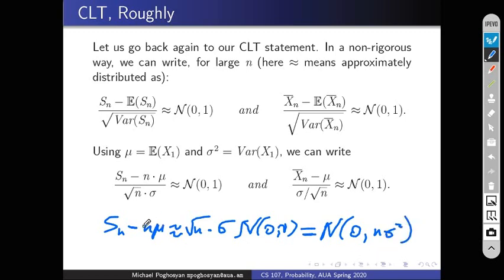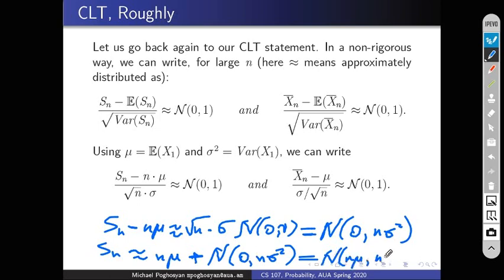If I take this to the other side, I have Sn is approximately n mu plus normal 0 and n sigma squared. So if I add some number to a normal distribution, I get a normal with mean n mu and variance n sigma squared. So I know the approximate distribution of Sn.